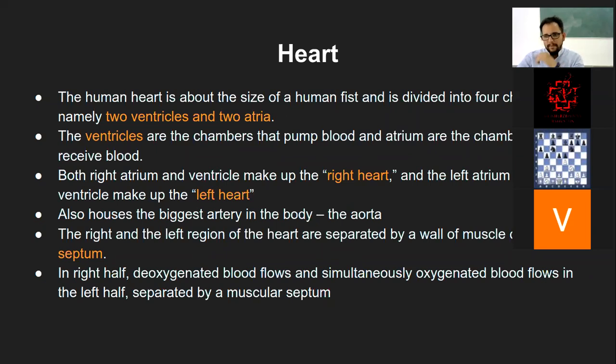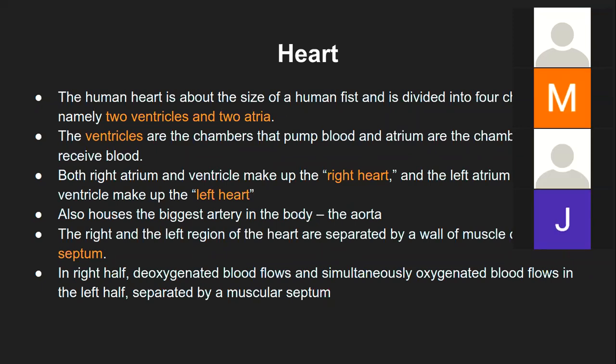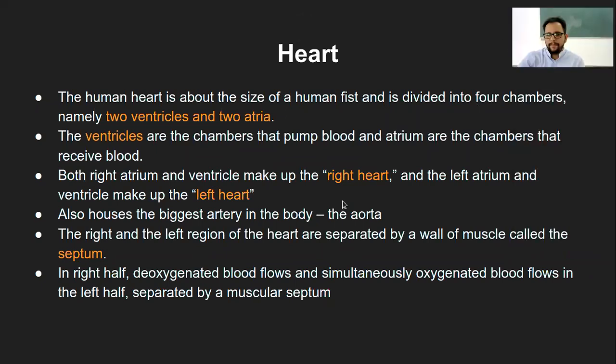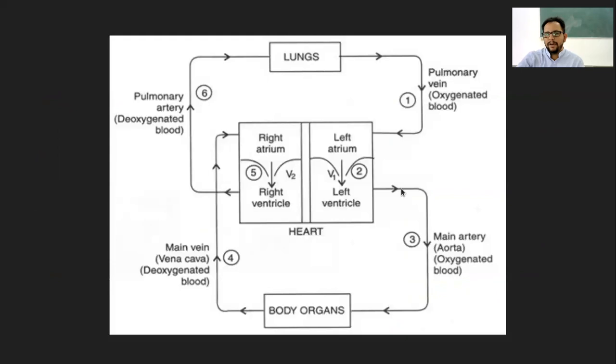So the blood from the right ventricle, from the right heart, cannot go to the left heart, and vice versa. Directly it doesn't. If you look at the flow, which we are going to see in the mechanism, let's say there is some blood, it will flow through this, come to body organs, and the same blood is going to the right side.